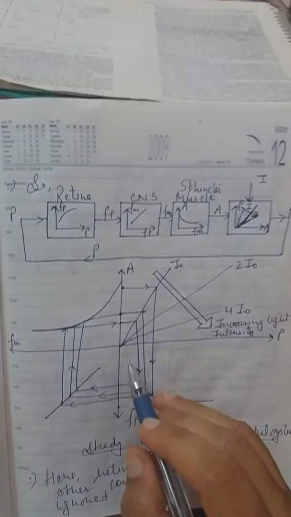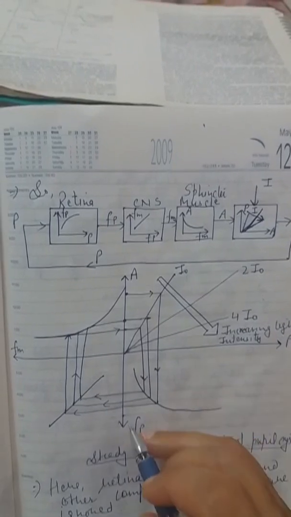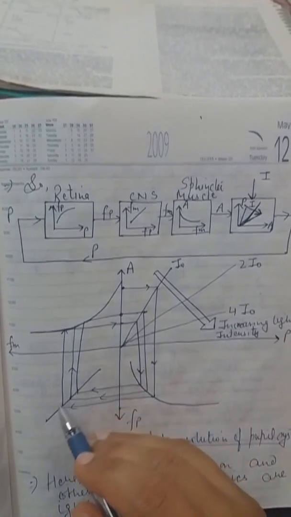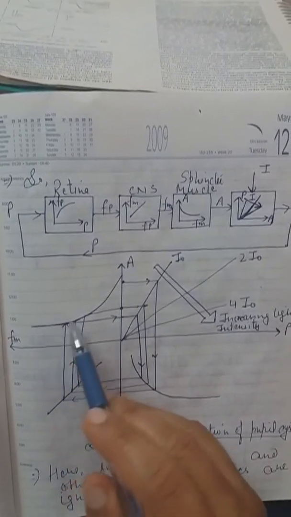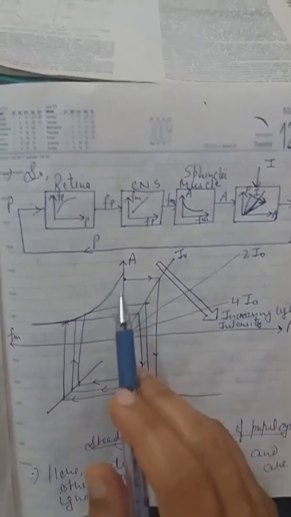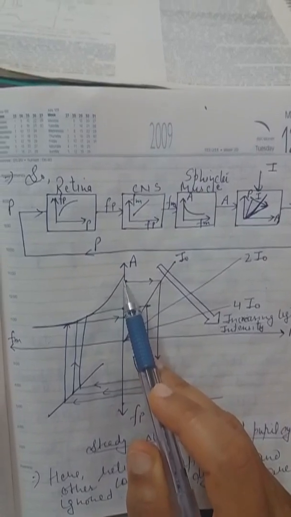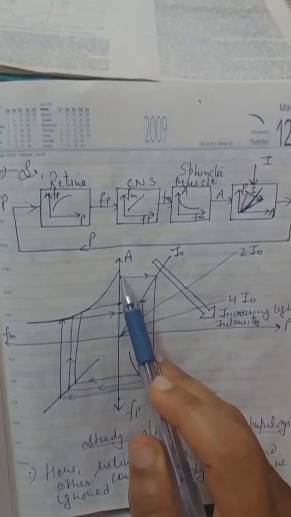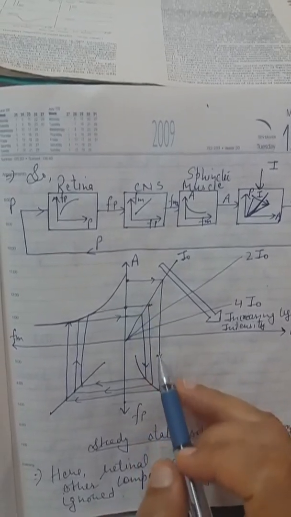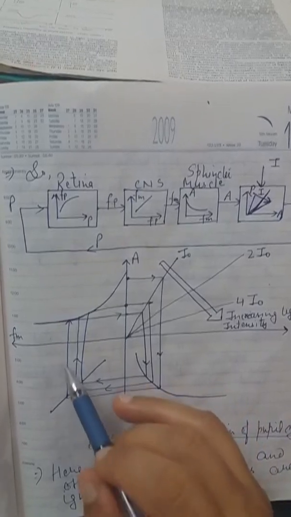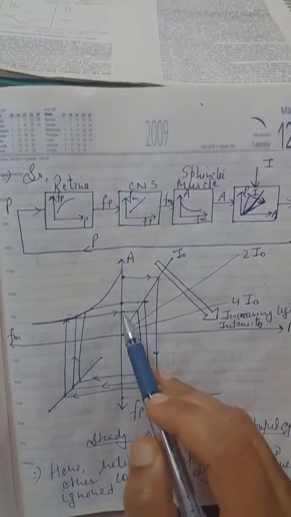Here we can see a parabolic type of relationship between Fp and P. Here this is a somewhat linear type of relationship between Fp and Fm, and again a parabolic relationship between Fm and A. But the important thing is that if we assume the pupil area at this point, then we can trace it back through all the coordinates, and finally we'll achieve an area.